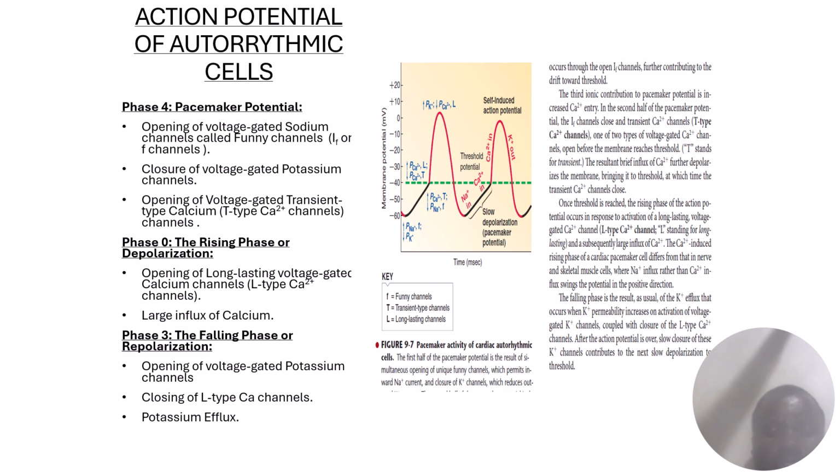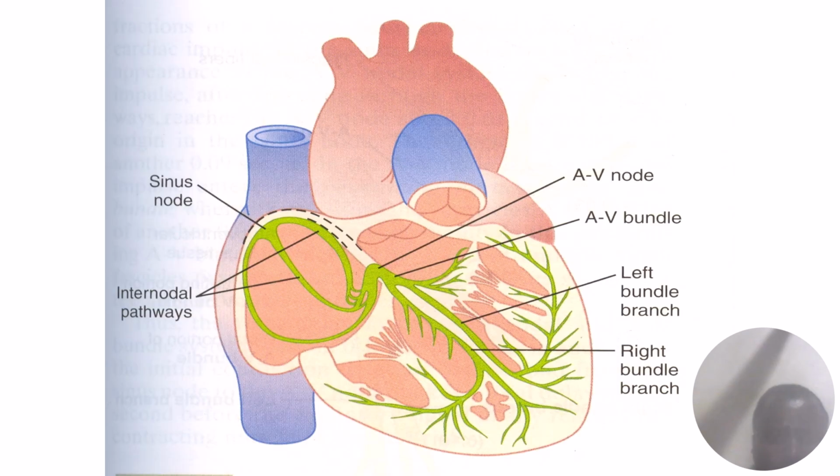These are the cells that make up the conduction system: the SA node, the internodal pathways, the AV node, and the Purkinje fibers. So the autorhythmic cells make up what is called the conduction system of the heart. We have the SA node connected to the AV node.